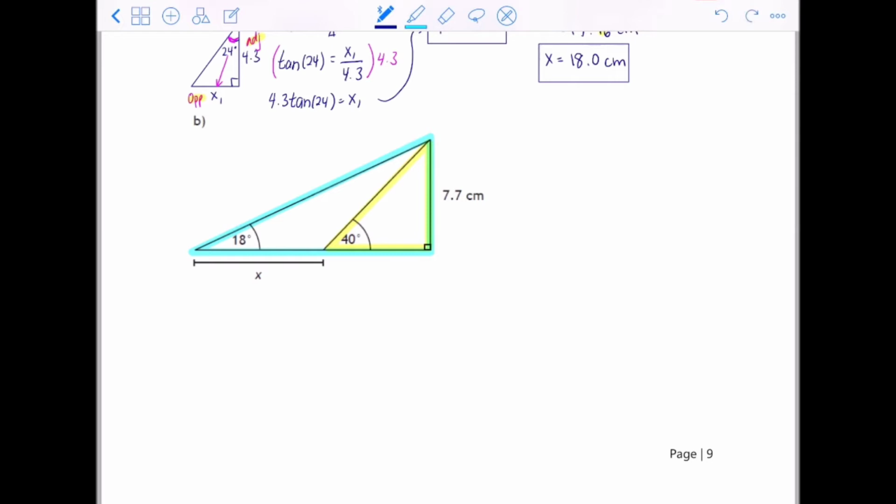In order for us to know x, we do need to know the entire length of the adjacent side of the triangle. Let's denote it as a capital D for this one, and this one for little d.